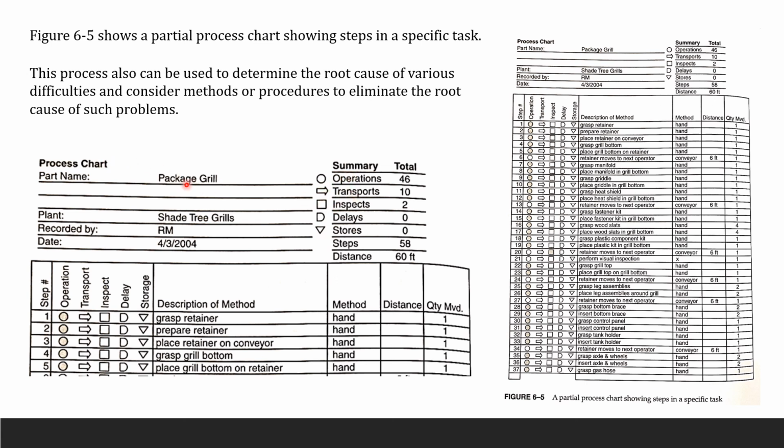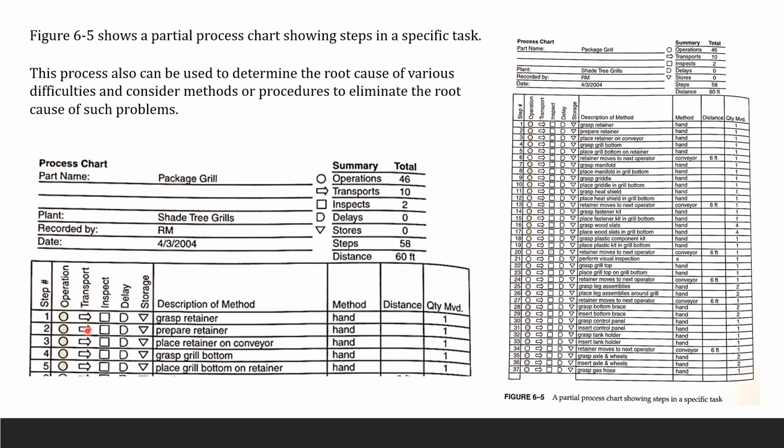This is a process chart, so remember from previous chapters: operation, transport, inspection, delay, and storage. Altogether in this chart we have 58 steps, and the distance is about 60 feet. They move around. Steps 1 to 5 we exaggerated right there.